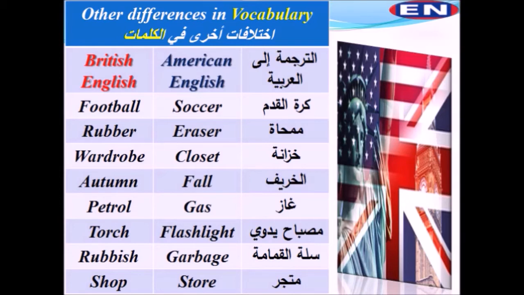So in British English we have football, and in American English they say soccer. Next word, rubber, eraser. Wardrobe, closet. Autumn, fall. Petrol, gas. Torch, flashlight. Rubbish, garbage. Shop, and store in American English.